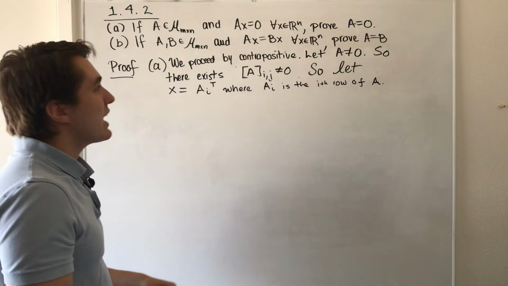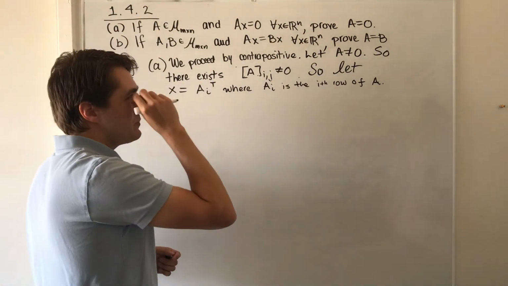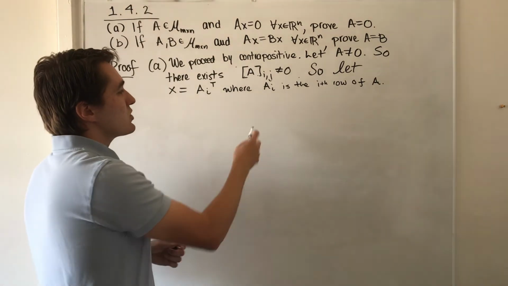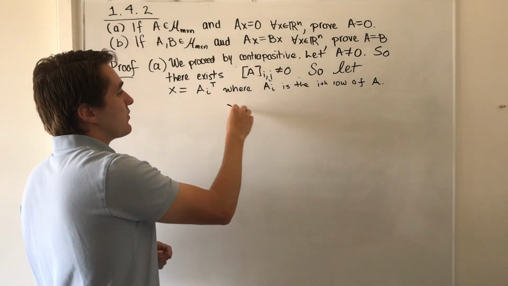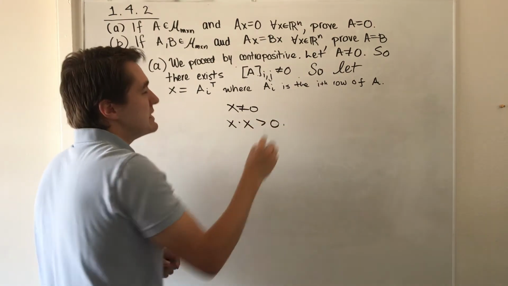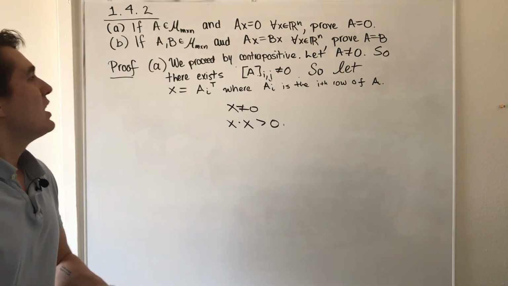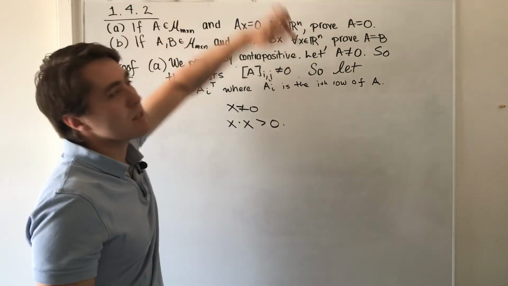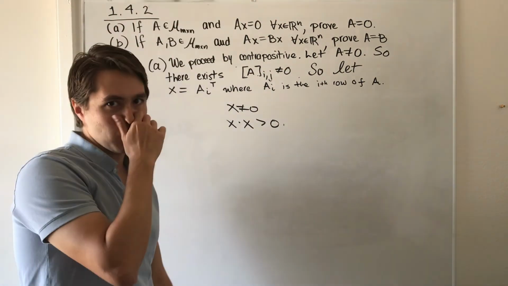And dot products are nice because, if you recall from either your reading or some of the problems that we've solved, you can control dot products. For example, I can say if x is not 0, x dotted with x is definitely greater than 0, right? Which is going to give me a handle on this equation here, because this thing is only equal to 0 if all of its components are equal to 0.